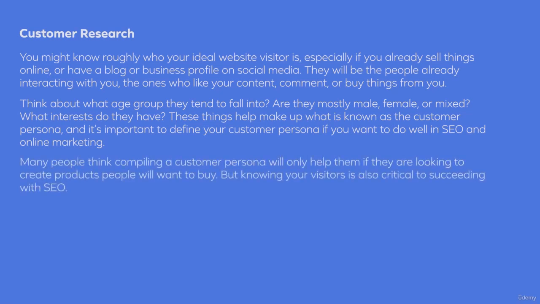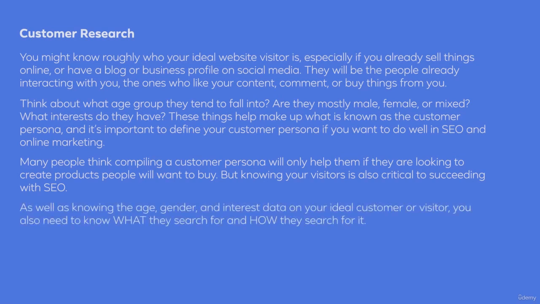Many people think compiling a customer persona will only help them if they're looking to create products people will want to buy. But knowing your visitors is also crucial to succeeding with SEO. As well as knowing the age, gender, and interest data of your ideal customer or visitor, you also need to know what they search for and how they search for it.